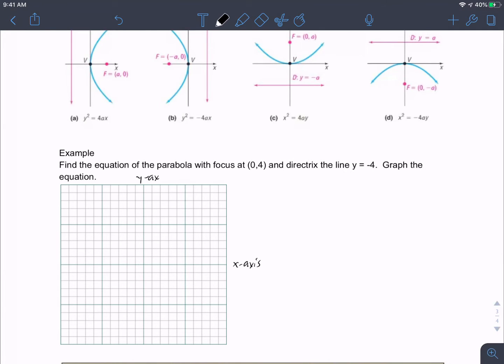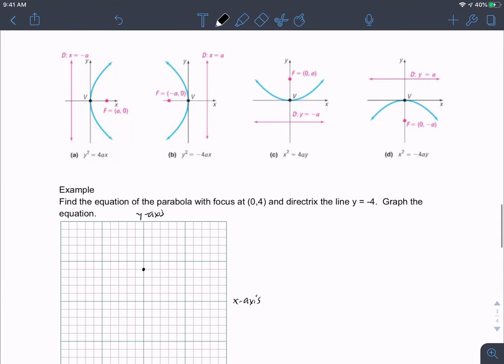And so what we're going to get is the focus at (0, 4). So if that's the focus, I already know that this thing's going to open up, because since we know the vertex is at the origin, and the focus is above it, the focus is always in the middle of the parabola, and so we know it's going to open up.